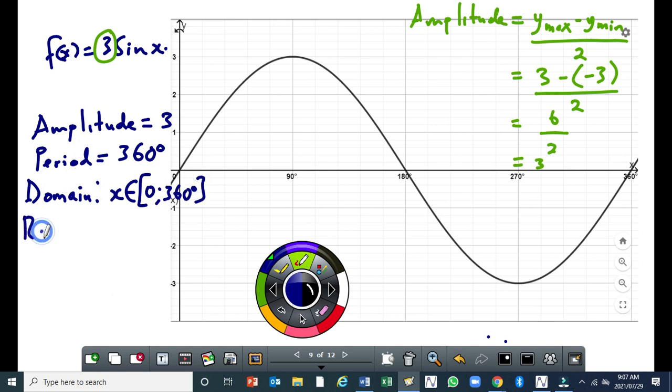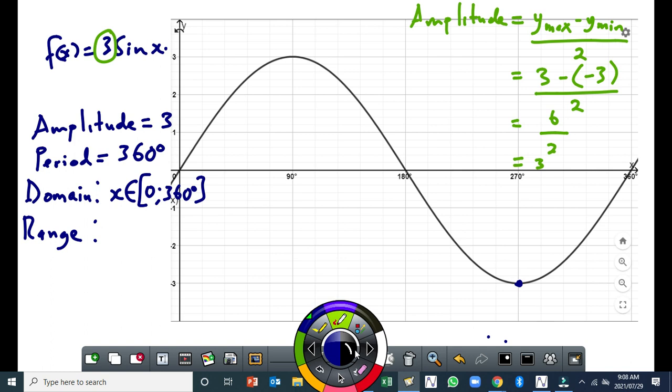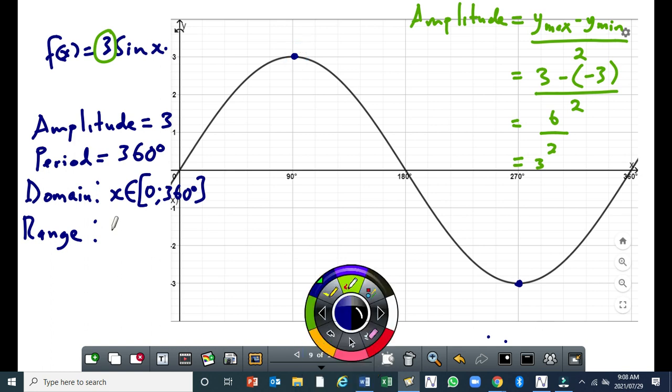The range: our minimum value of y is negative 3, which is the value of y here. Then the maximum value is the value of y here, which is positive 3. So y is an element from negative 3 up to positive 3.